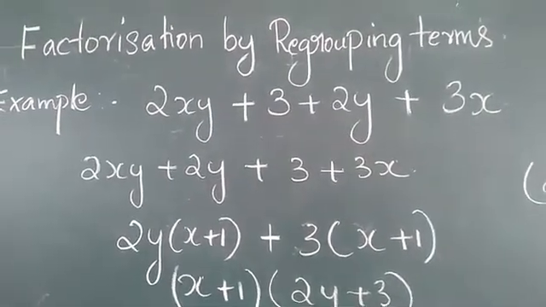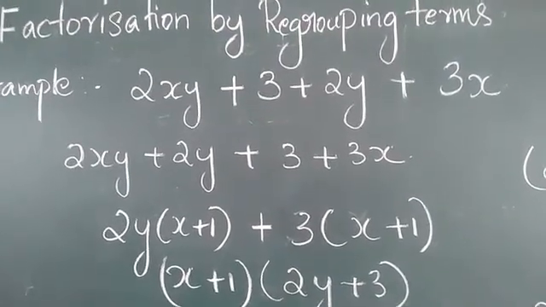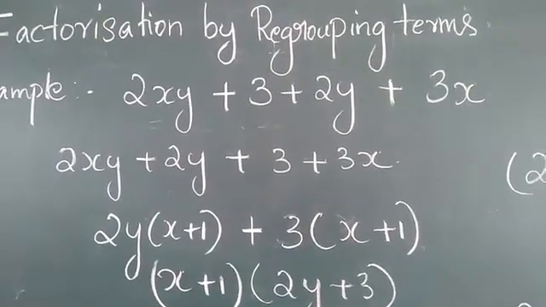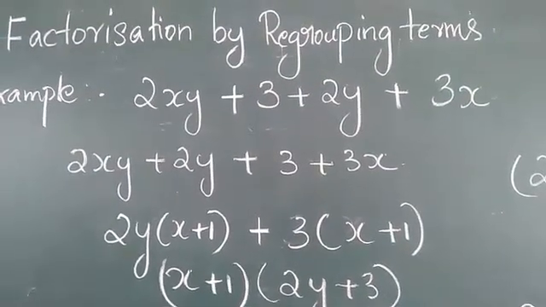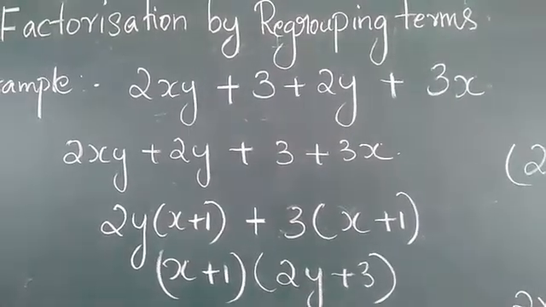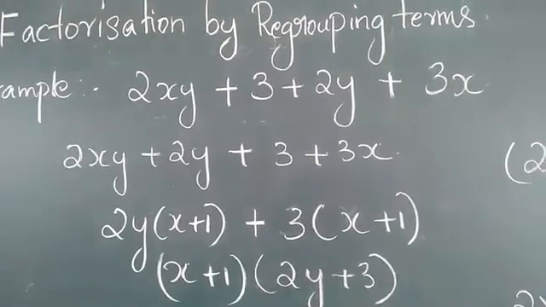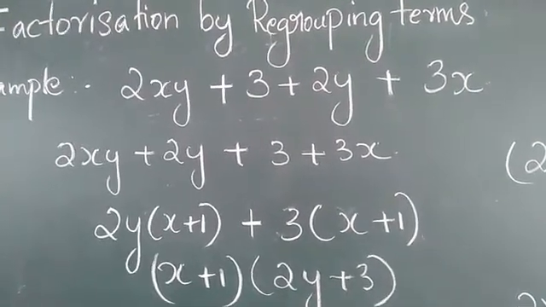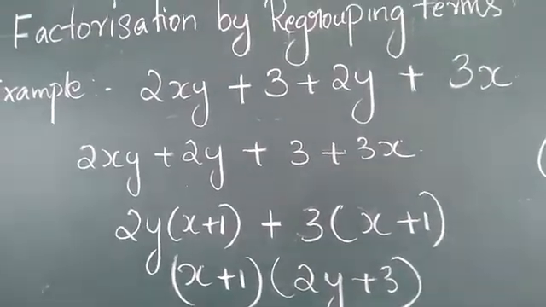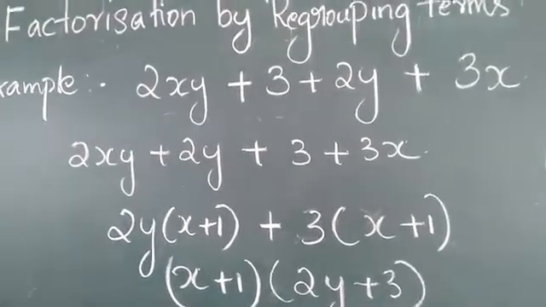One example: 2xy plus 3 plus 2y plus 3x. Here, in the first two terms, 2xy plus 3, there is no common factor. But the first and third terms have common factors y and 2.